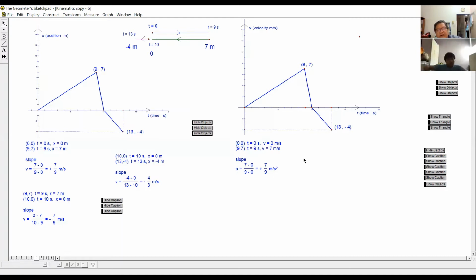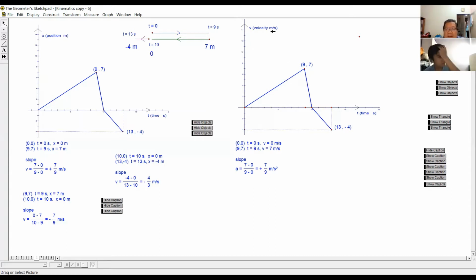So I'm trying to find the slope of the straight line during the first part of the journey. I use 7 minus 0 divided by 9 minus 0. Numerically, it is positive 7 over 9. What is the unit? We look at the unit along the y-axis.